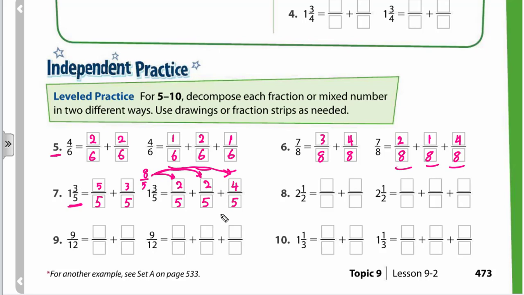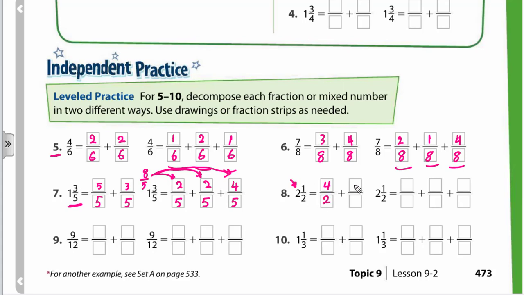Maitham. Yes, teacher. Go ahead. How many halves in 2? 4 halves.